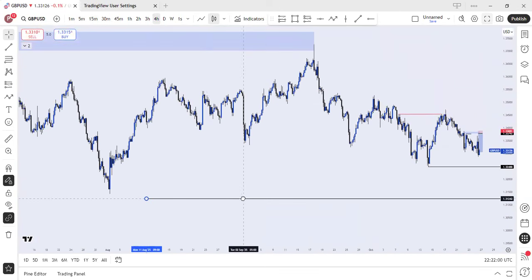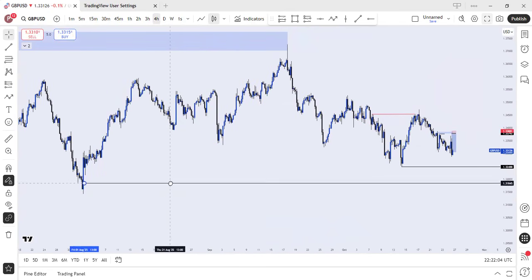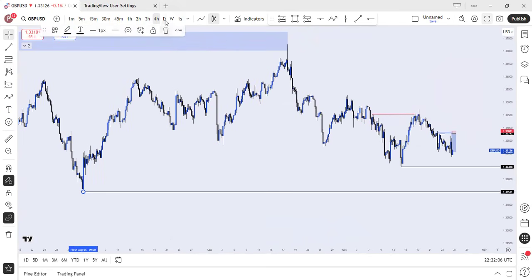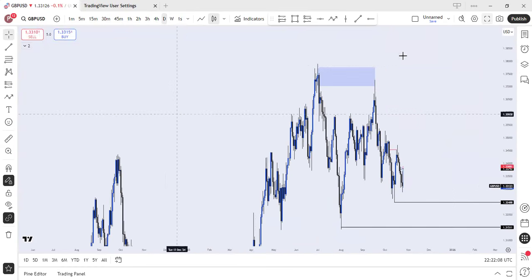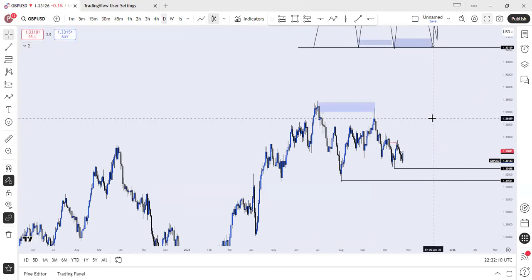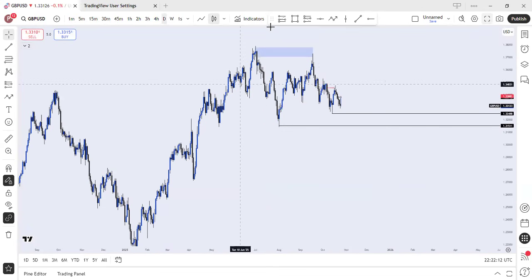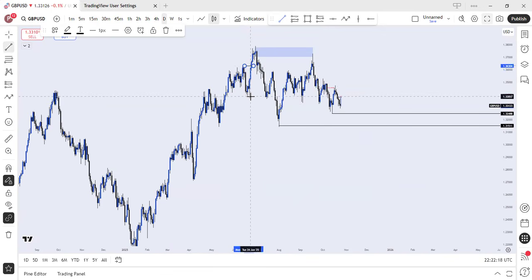Looking at the daily time frame, you can see price gave us a break here, market shift here. So this is actually trading in line with structure.